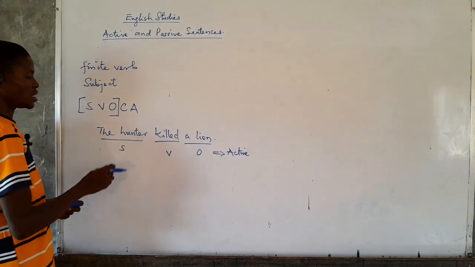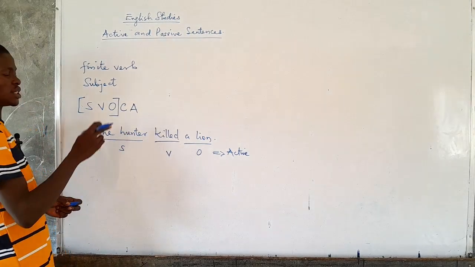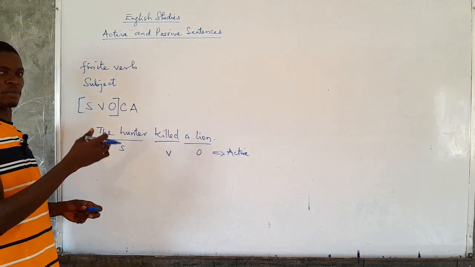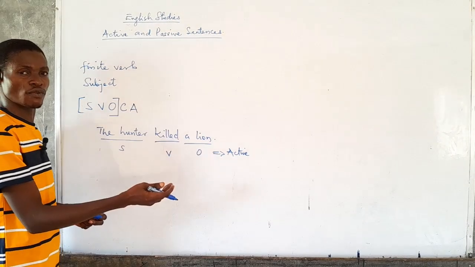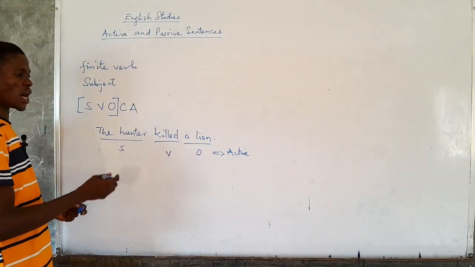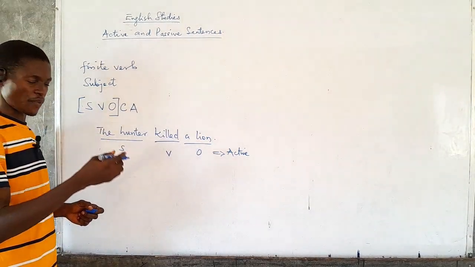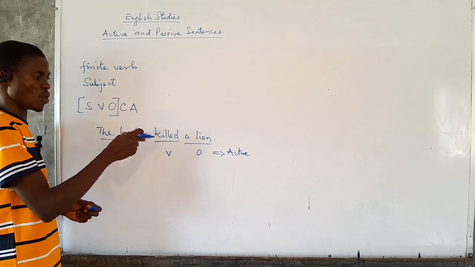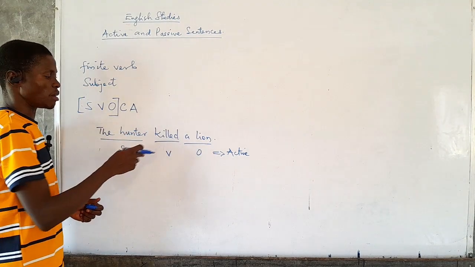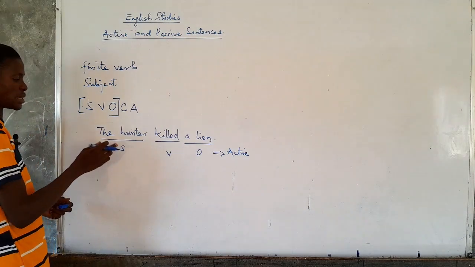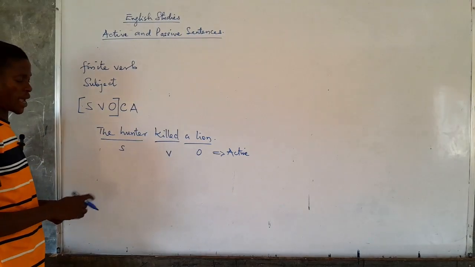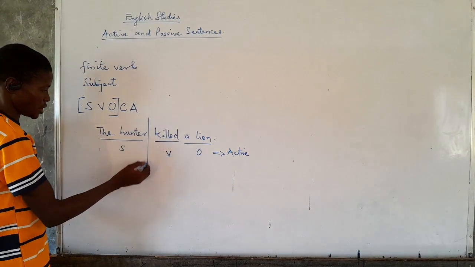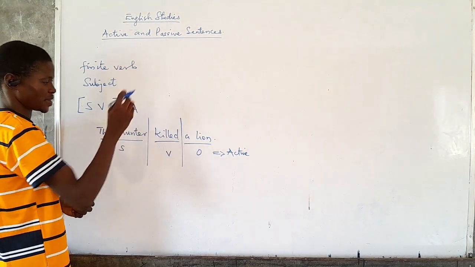Instead of having a lion killed the hunter, that will give us another meaning entirely in the active form. But we want to have the fact that the lion is the one that received the action, but the lion will have to be placed as a subjective case. We have the construction like this.